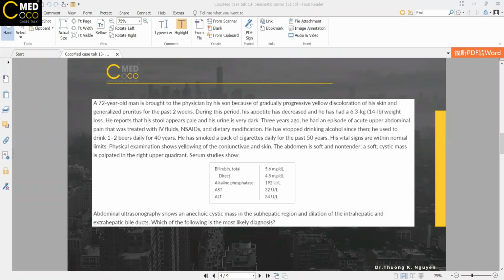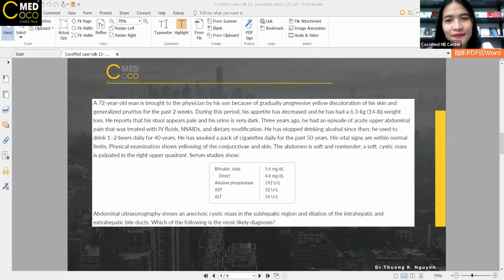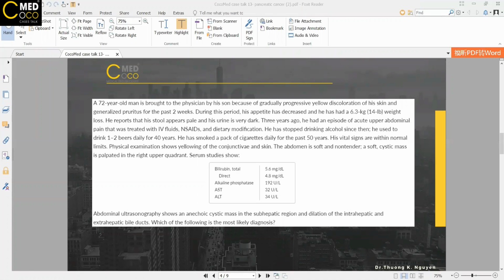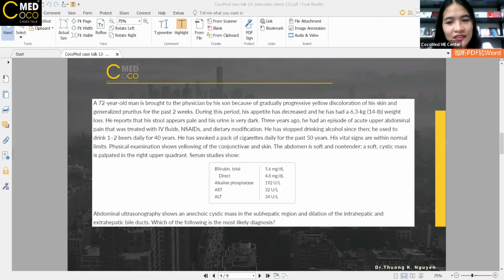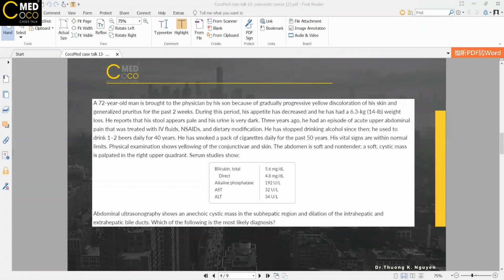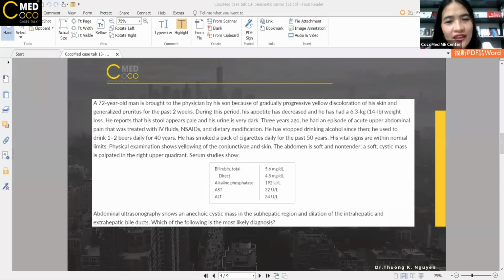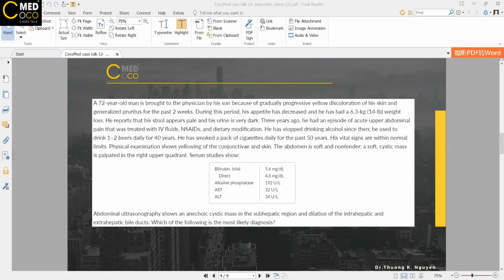His vital signs are within normal limits. Physical examination shows yellow discoloration of conjunctivae and skin.